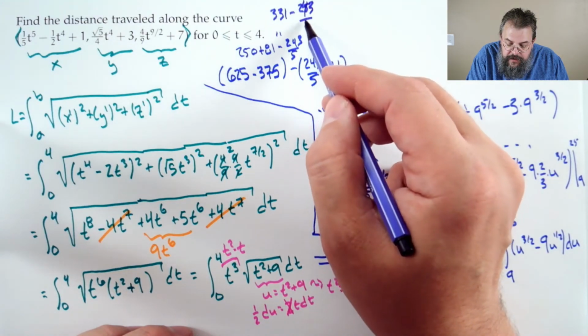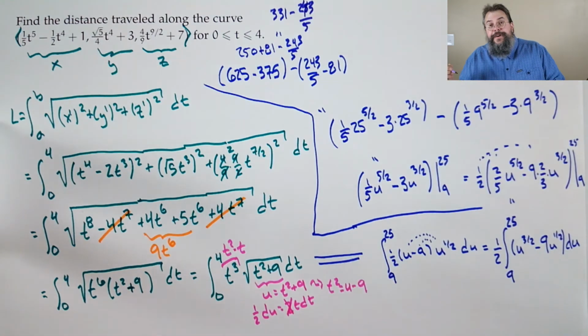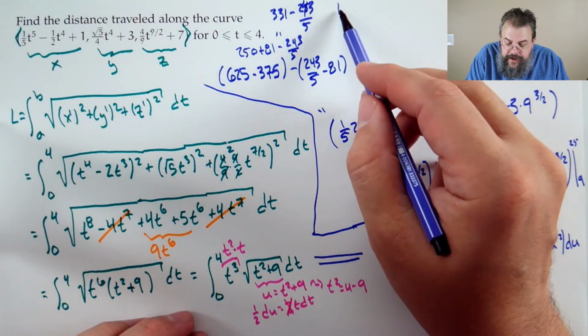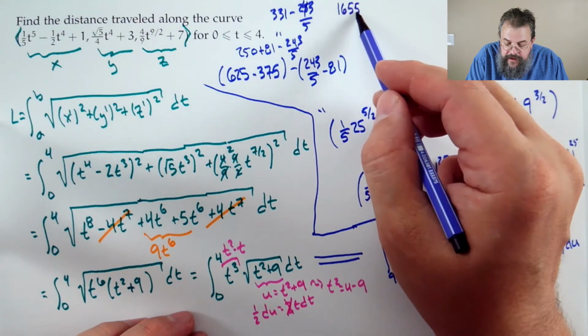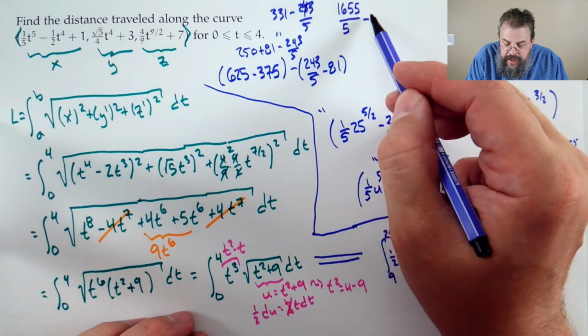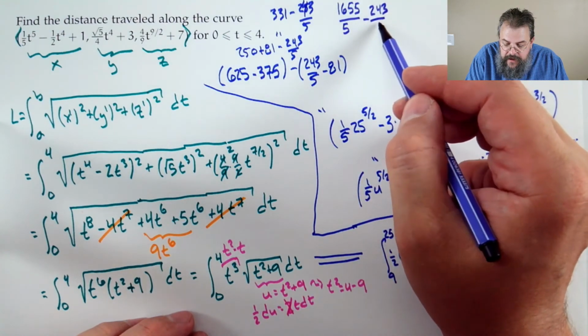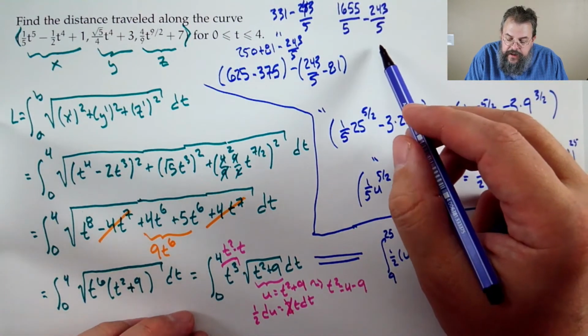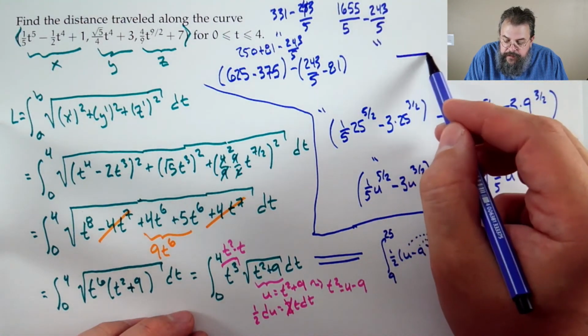243 over 5. Now, if we were to go all the way, 331 times 5. Well, that would be 1,655. So you get 1,655 fifths minus 243 fifths, and that will leave us with something over 5.